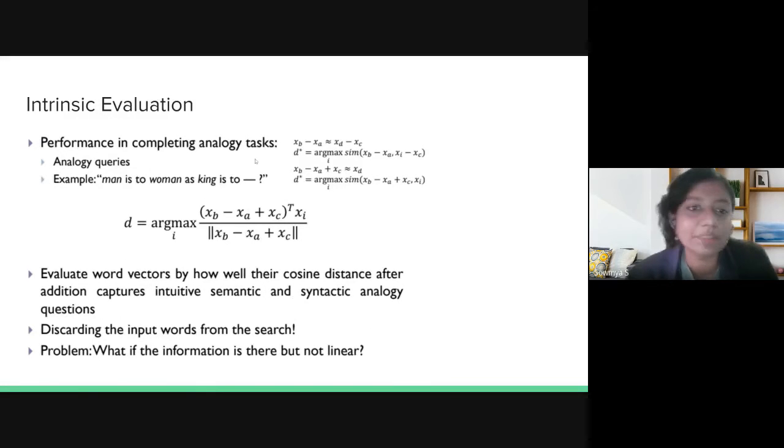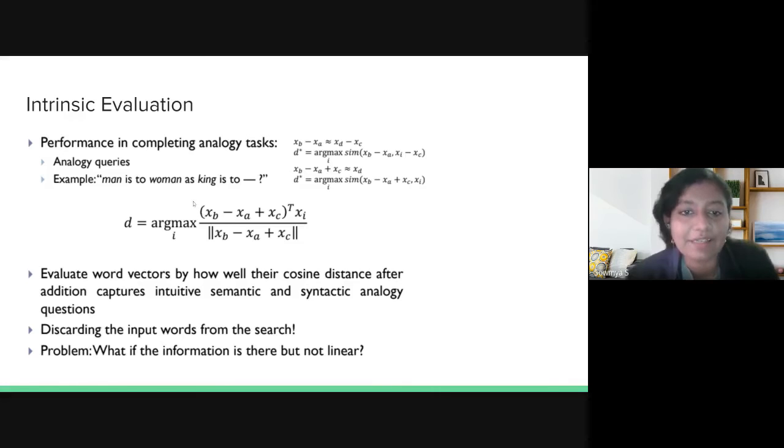So, for example, analogies. Man is to woman as king is to what? You want to see if the analogy is being maintained, and you can measure this over a data set as you have defined. So it evaluates word vectors by how well their cosine distance captures semantic and syntactic analogy. But what if the information is there but not linear?